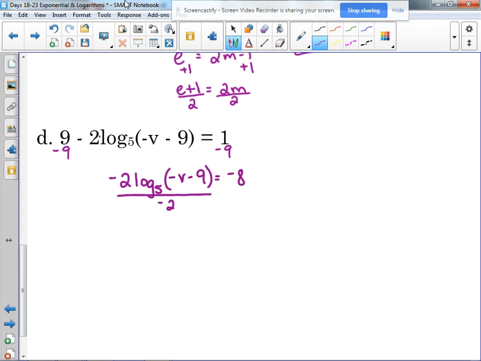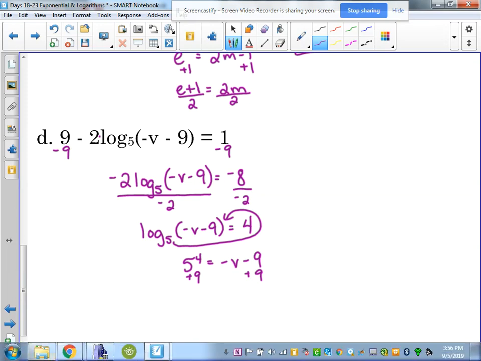Then we can divide by -2. And that gives us 4. Now our log is isolated. There's nothing else outside of the log. So we need to change forms. 5 to the 4th is equal to -b minus 9.